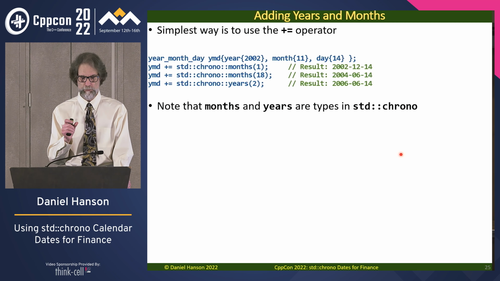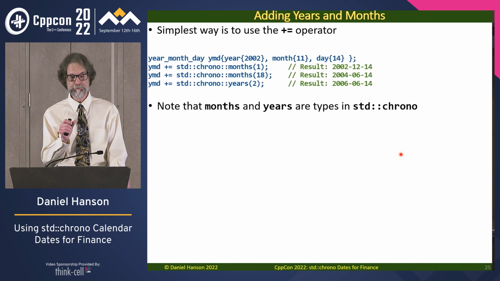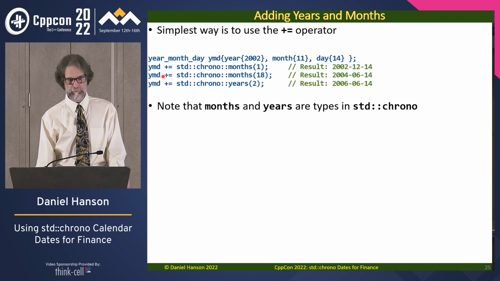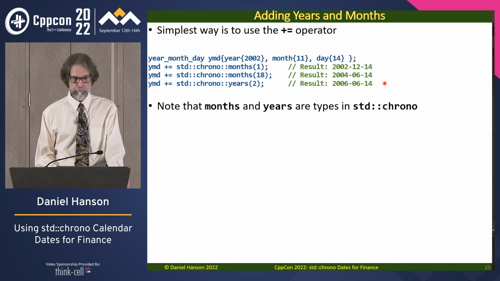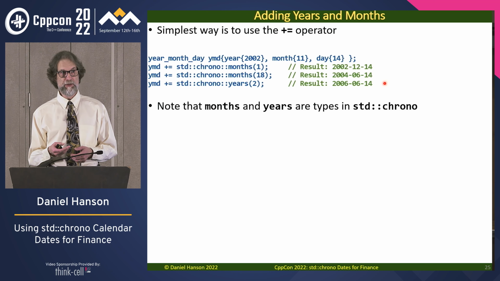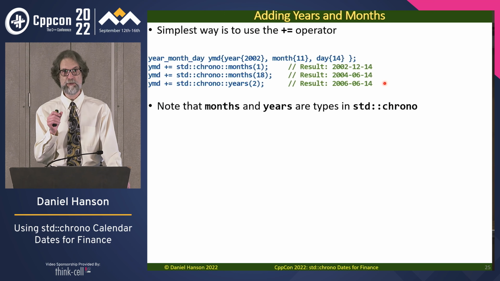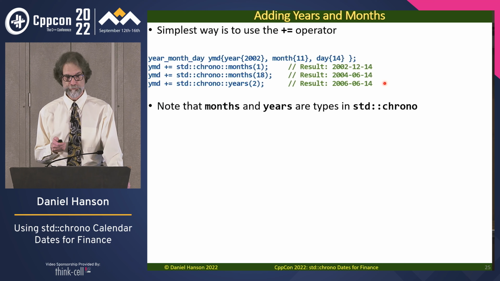You have to create these months and years objects. So you just take the year_month_day date, update it with the number of months, and this is your result, and so forth. But again, you can't just add the integer value. You have to convert to one of these months or years objects before you carry out the addition.